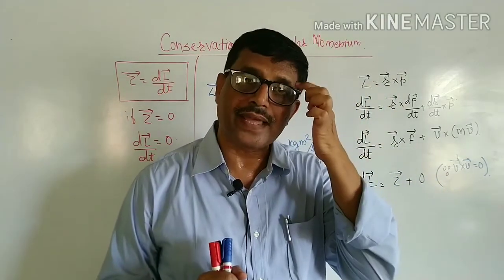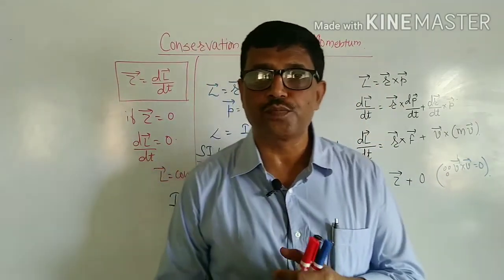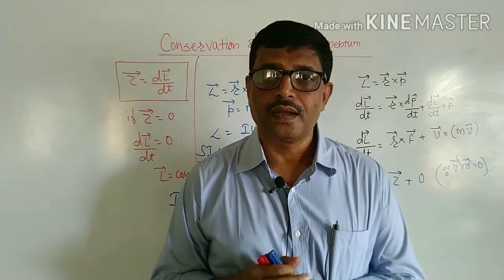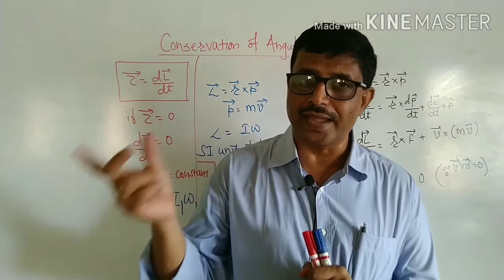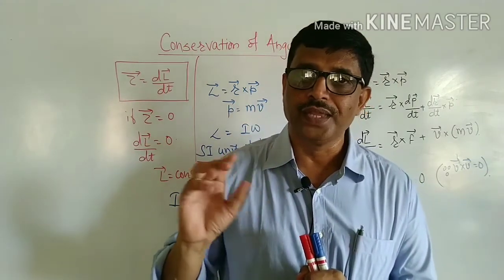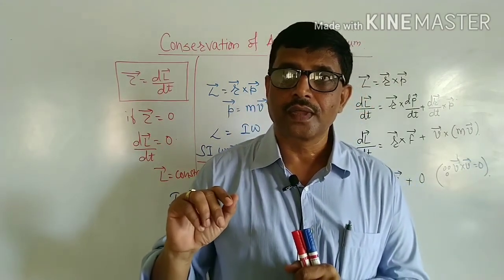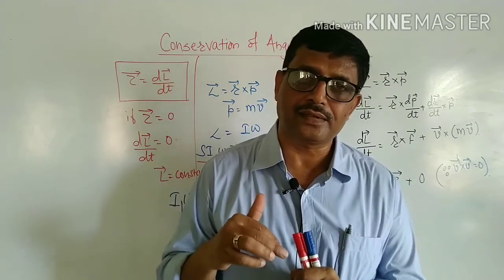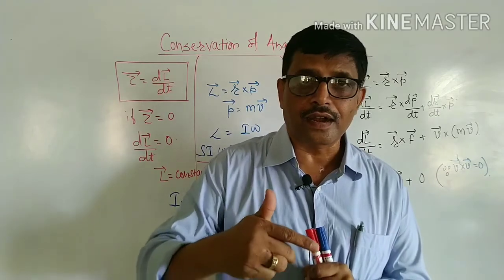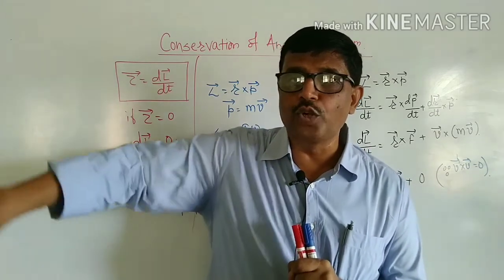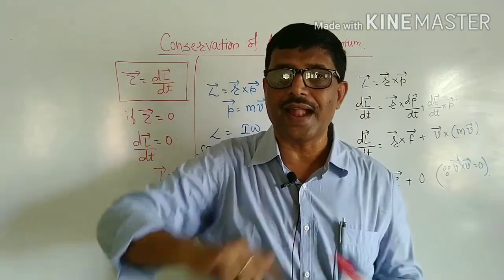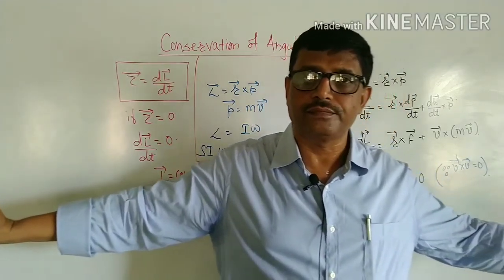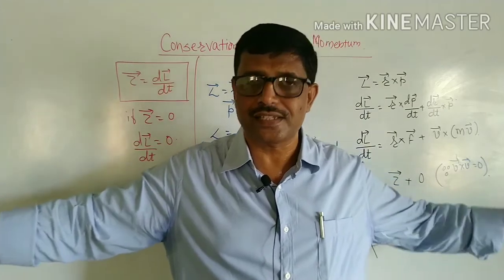In a similar manner, whenever a ballet dancer is performing a dance on ice or in an auditorium, when he or she or both together go around in an outer circle, their hands are outstretched and their speed of revolution is less.